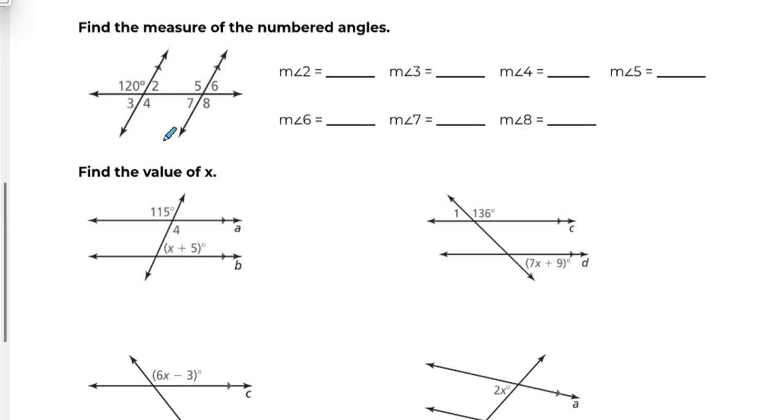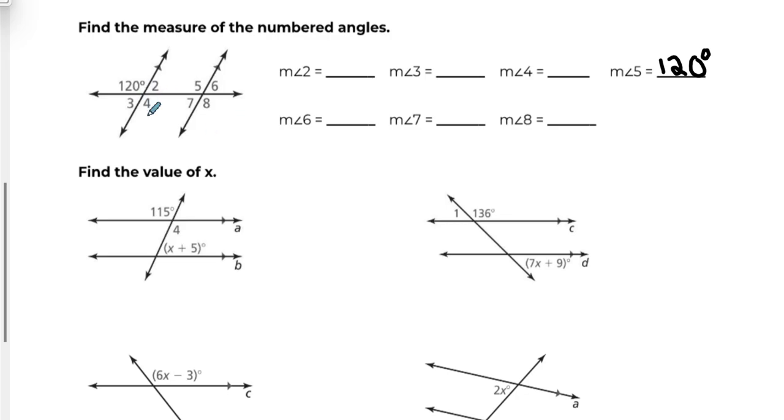So right away, I know that corresponding angles are congruent. So this 120 tells me that angle 5 is also 120. I know that because there are two parallel lines cut by a transversal, and those two angles are corresponding angles.